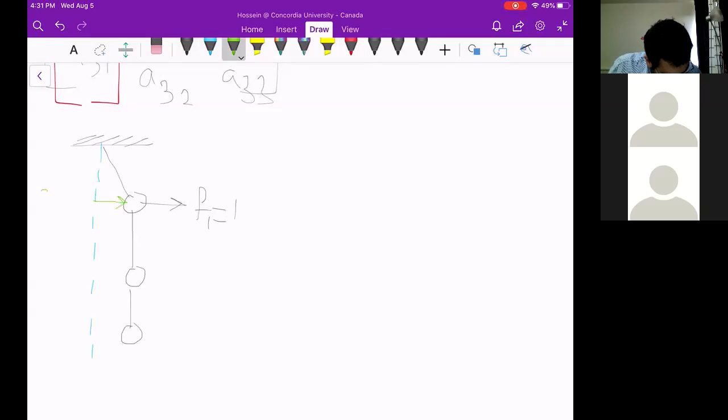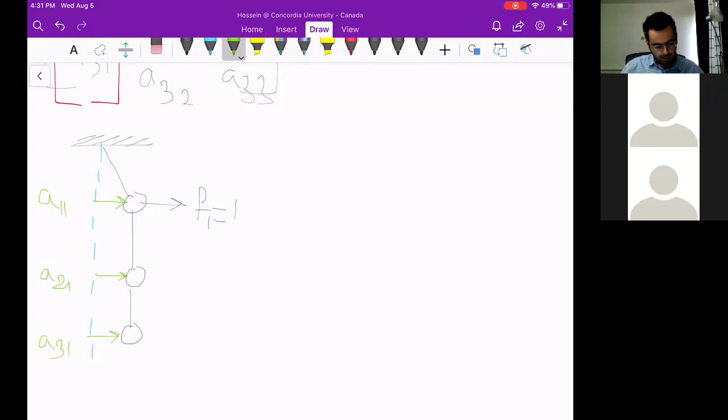This is A11, this is A21, and this is A31. If you take a look at here, you could easily notice A11 would be equal to A21 and A31, like the system with 3 masses I solved in the last session.